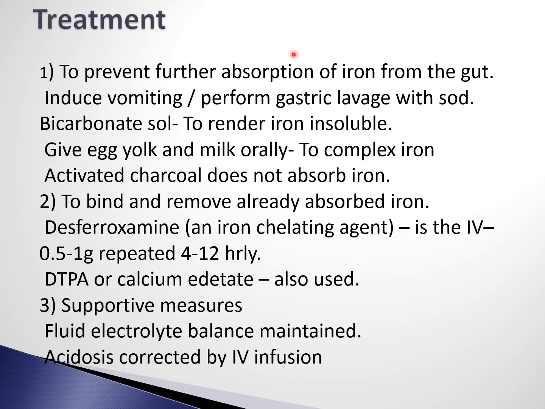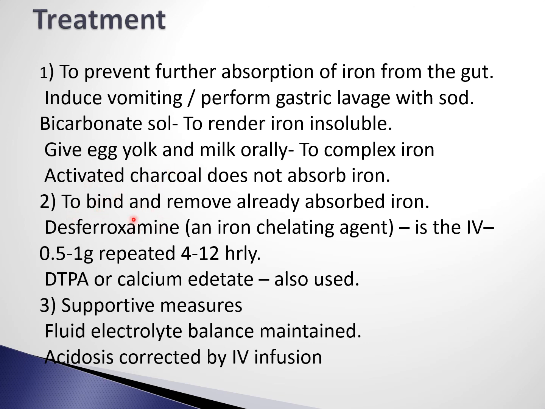The treatment for this poisoning: first thing, you have to prevent the absorption of iron from the gut. You have to induce vomiting or perform gastric lavage. You can give milk orally because it is going to complex with the iron and prevent absorption. Activated charcoal as such has no role in the treatment of this poisoning.